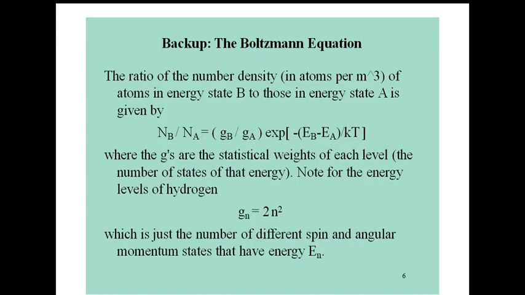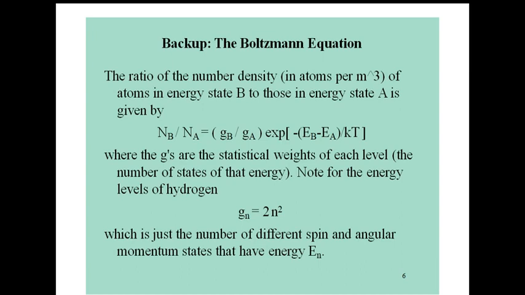The ratio of the number density, which is atoms per meter cubed, of atoms in energy state B to those in energy state A is given by this expression. So we can write it this way.